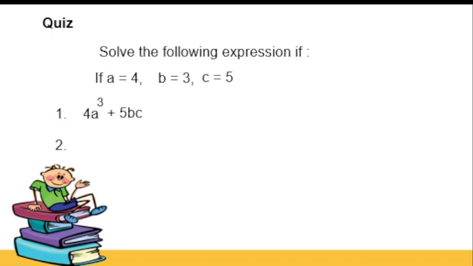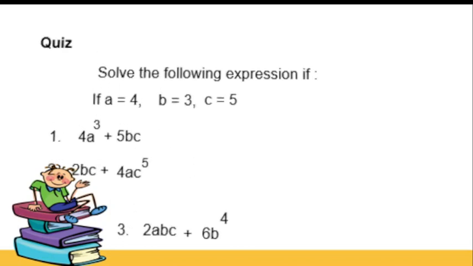Number 2, you have 2BC plus 4AC raised to the fifth power. Again, you have 2BC plus 4AC raised to the fifth power. Number 3, you have 2ABC plus 6B to the fourth power.